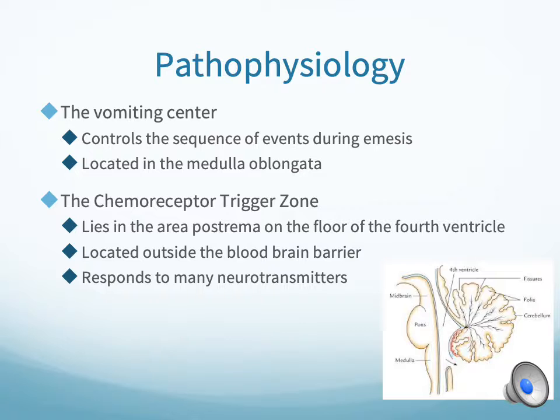These include histamine via H1 receptors, dopamine via D2 receptors, serotonin via 5-HT3 receptors, and acetylcholine via muscarinic receptors from the vestibular apparatus. Recently, neurokinin 1 was found to play a role in the emetic reflex. In this picture, you can see how close the medulla and the fourth ventricle are located.